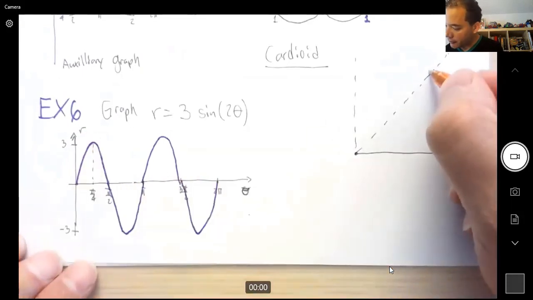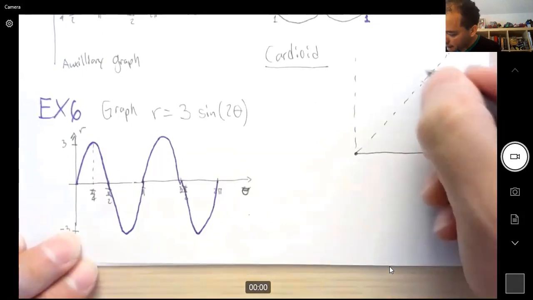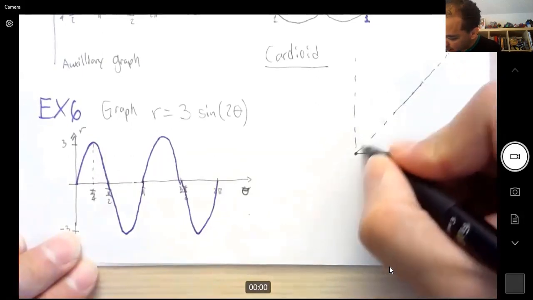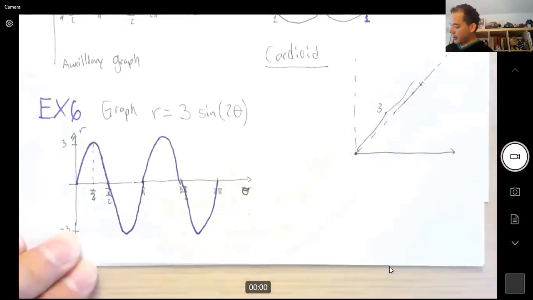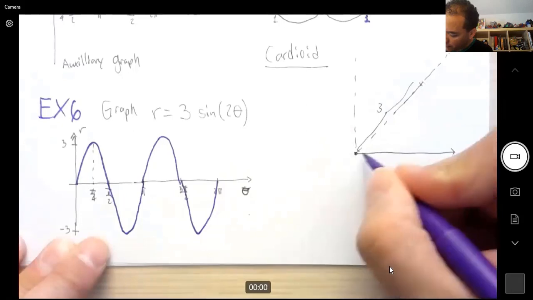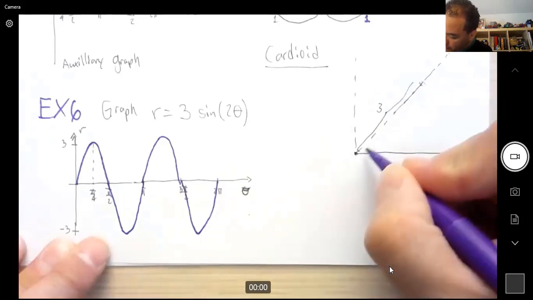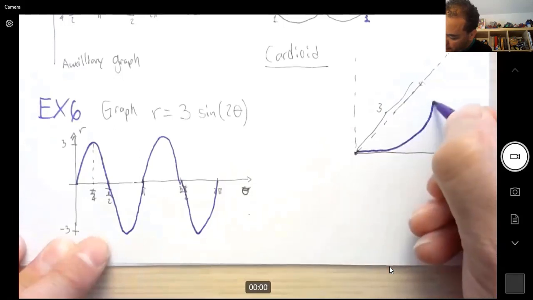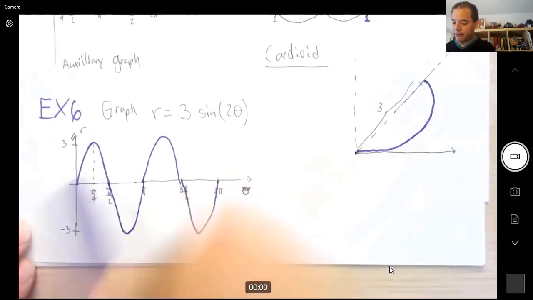So right here, it will be as big as 3 units. So where this distance is 3. And it will start from 0, grow, grow, grow, and then reach 3. So something like this, right? That's our analysis from 0 to pi over 4.